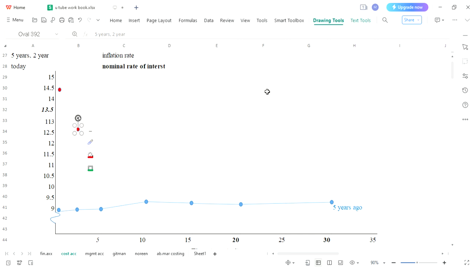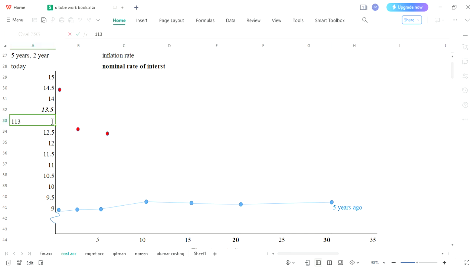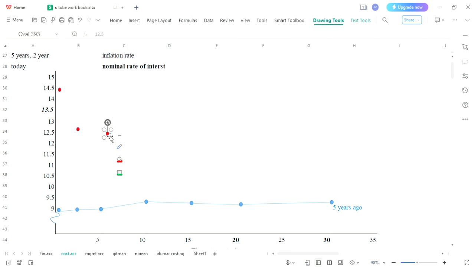Okay, we have got our second point. And now before going to the next point, here I can see that it should be 13. Typographically it has been written as 113. So I'm sure you have understood this point is showing 12.8. So now we will see the next point.